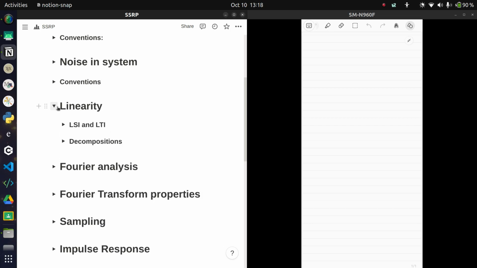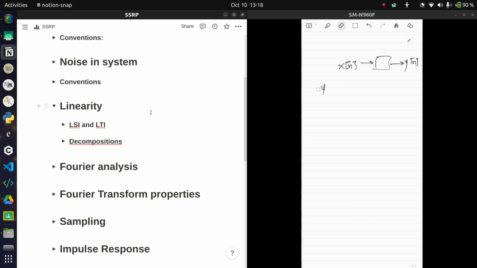Then you have linearity, so LSI and LTI. LSI refers to linear shift invariant and LTI to linear time invariant, although they are basically the same thing. What I mean by shift invariance is, let's say you have a signal x sub n, and when you input x sub n to some system, it gives you y sub n as the output.